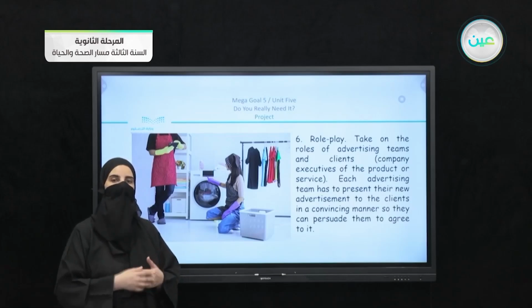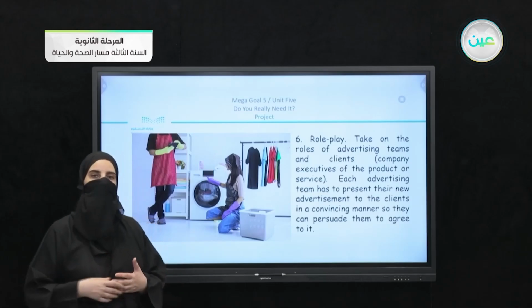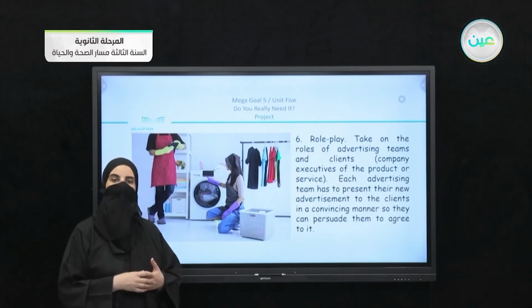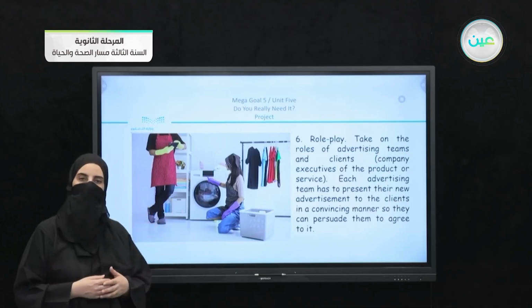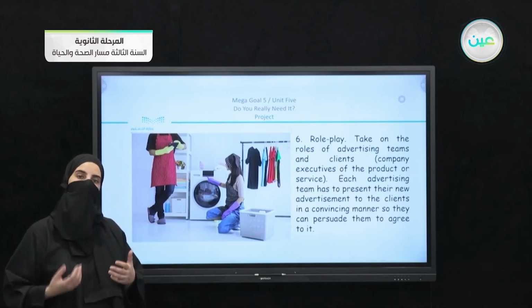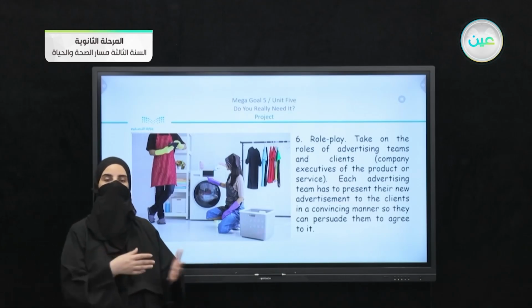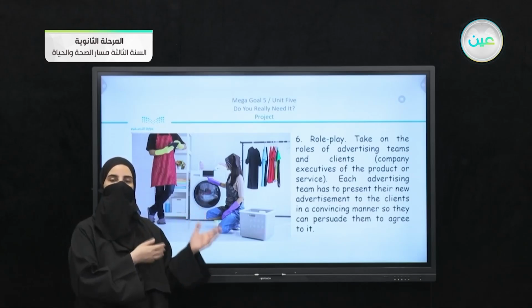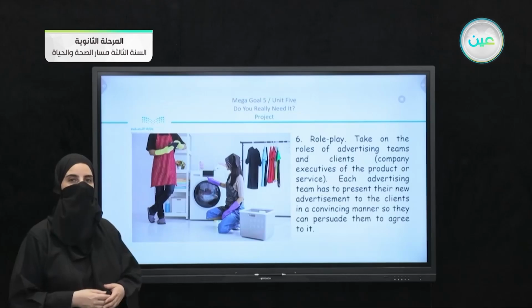Part of the project is actually in the enjoyable way of role playing. So some people are going to act as consumers. Other people may act as the producers of the company. And other people may act as the advertisers. Now you are going to have different conversations and act as if it was true about this kind of product that you are going to present.